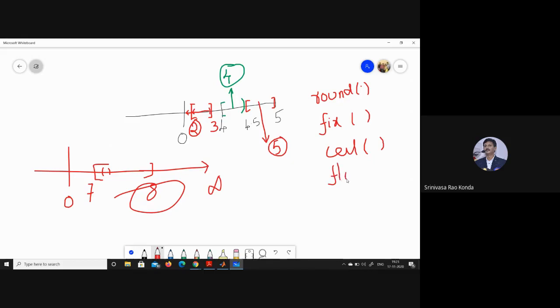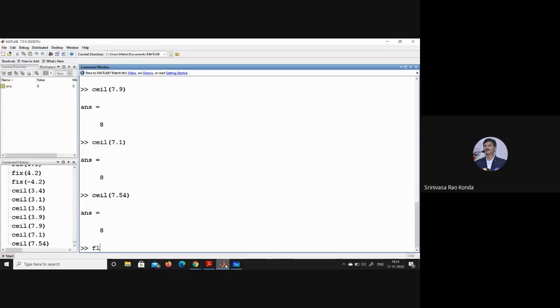Floor of x. I will check the values first. Floor of 7.1 is 7. 7.54 gives 7. 7.9 gives 7.